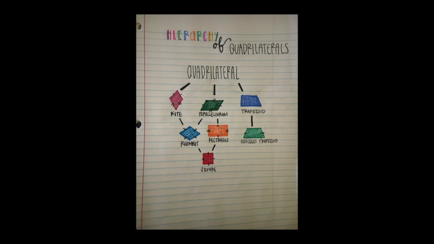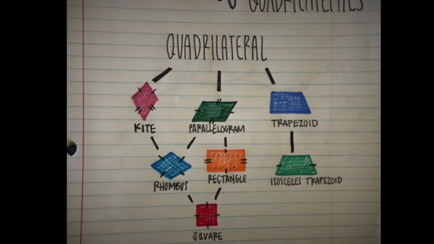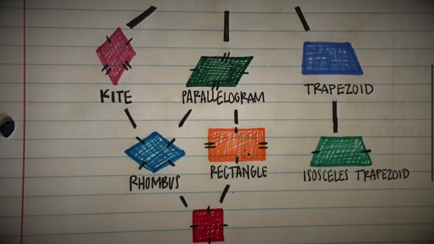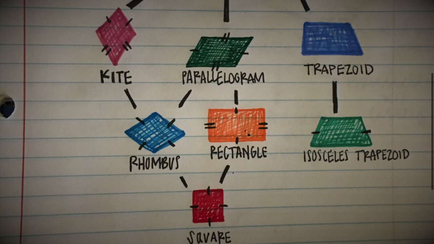I drew little dashes right here, and I'll zoom in a little bit. I drew the dashes here to identify which sides were equal. The sides each with one dash are equal to one another, and the sides with two dashes are equal to one another. And you can see different marks like this on different shapes. In order to be a kite, they have to have adjacent, or side-by-side, sides that are equal to one another.